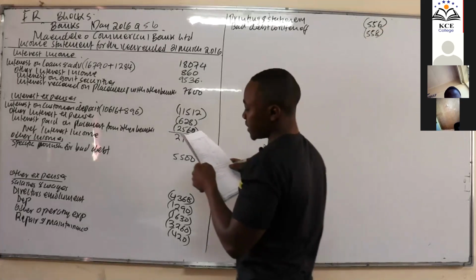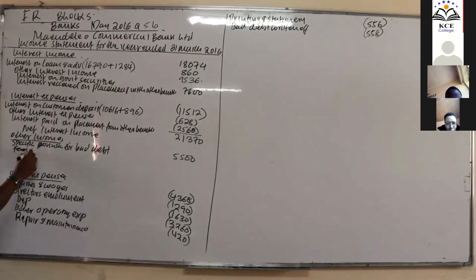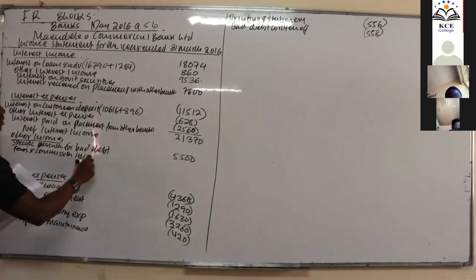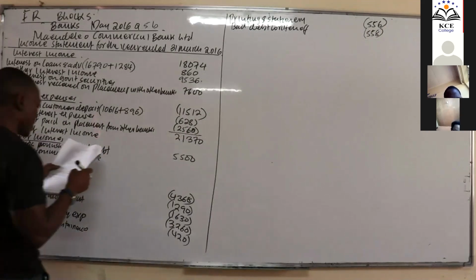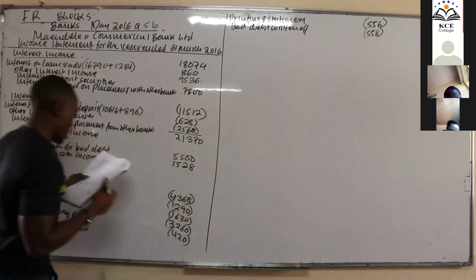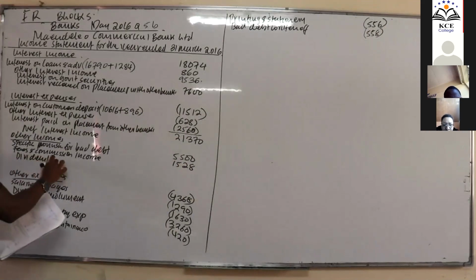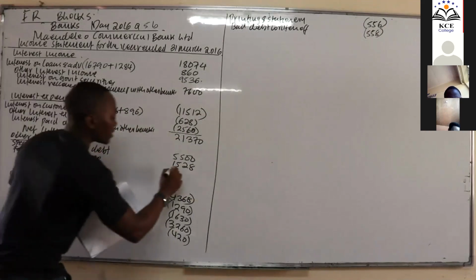Then we have fees and commission income, that's part of other incomes, an amount of 1,528. Then we have dividend income, so it's part of other income. The dividend incomes, an amount of 816.